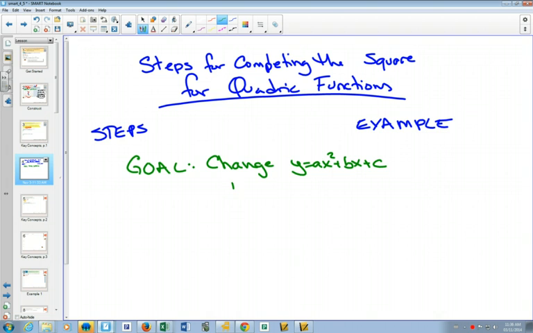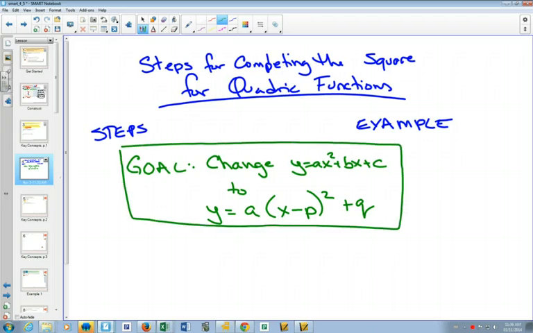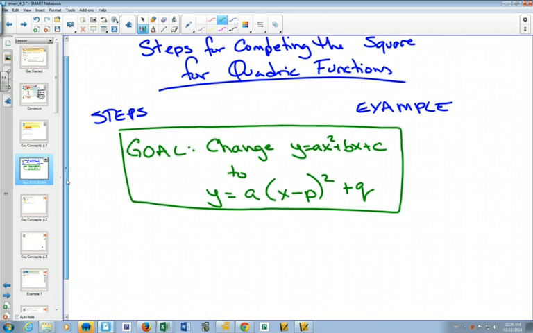But we want to change it to y equals a(x minus p) squared plus q. It's important to keep that goal in mind, because sometimes if you forget steps, if you think about what do I want to do, it can help you remember the steps. Okay?